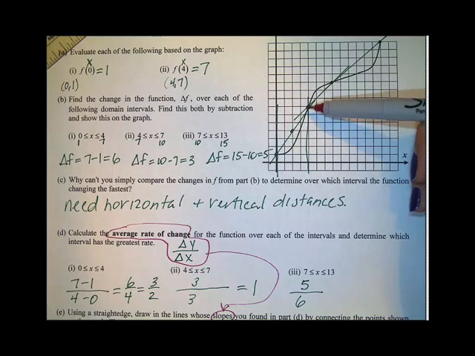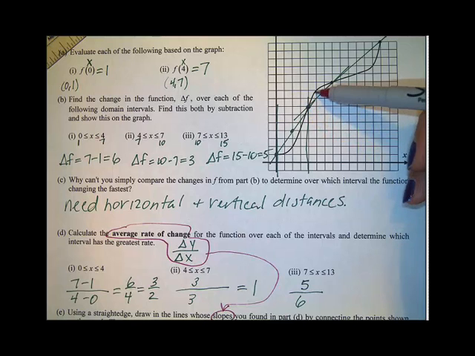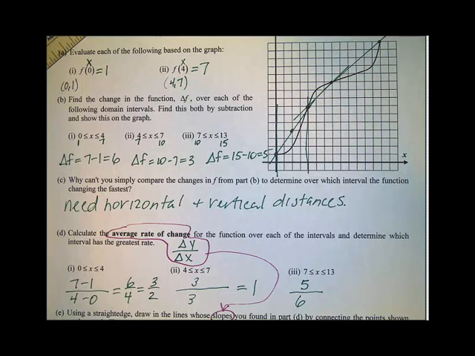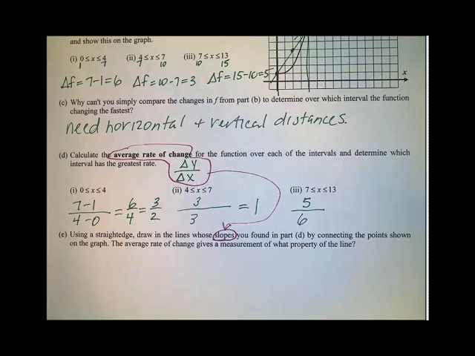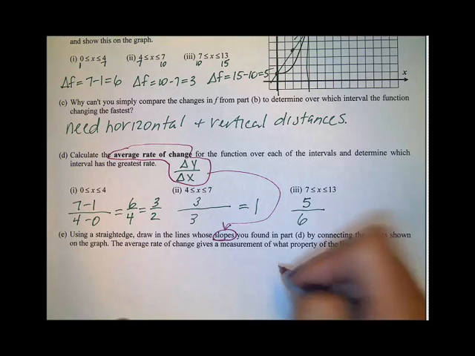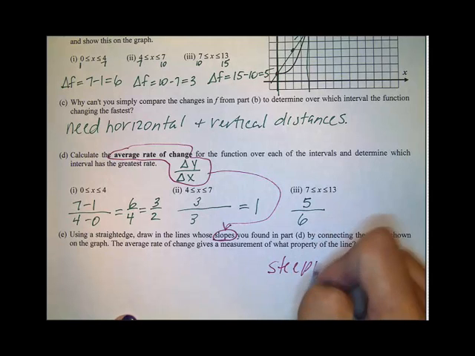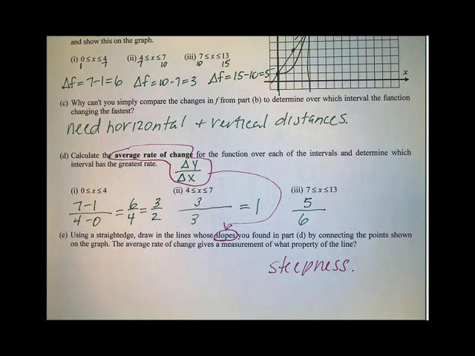From 4 to 7, we went up 1 over 1. And from 7 to 13, we went up 5 and over 6. So the average rate of change gives a measurement of what property of the line? Your answer should be the steepness. It tells you which line is steeper.